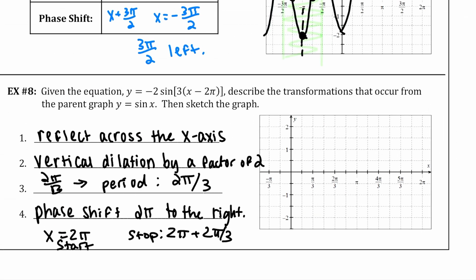All right, so let us graph it. So negative sign, we're still going to start at an intercept. And that's because we don't have a vertical shift. We just have vertical dilation, horizontal shift. So if we're starting at 2 pi, that is going to be right there.